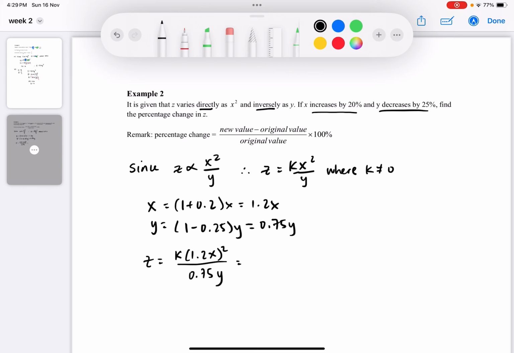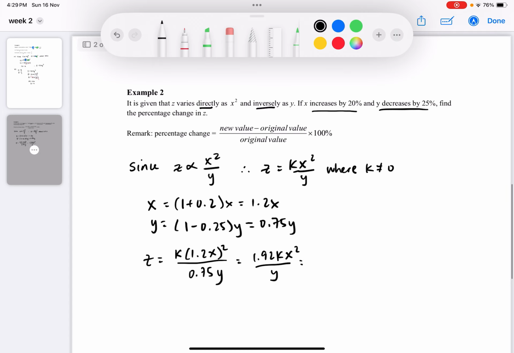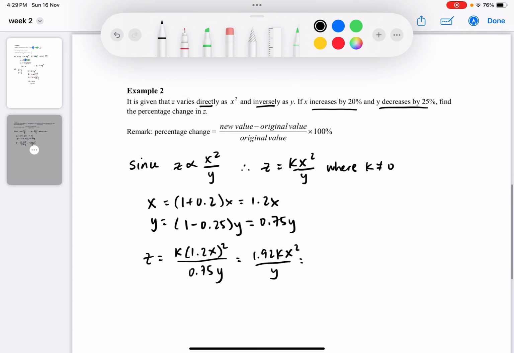And when you put it into your calculator, you should get 1.92 kx squared, I mean, this is factored in already. So we have this, and then everything would be over y. And don't forget that Z, here, this is the tricky part.